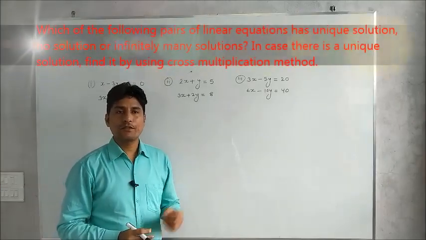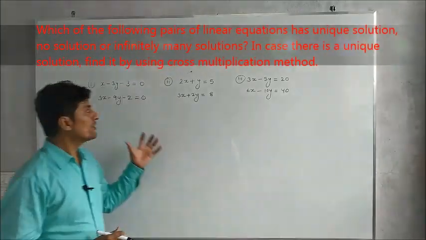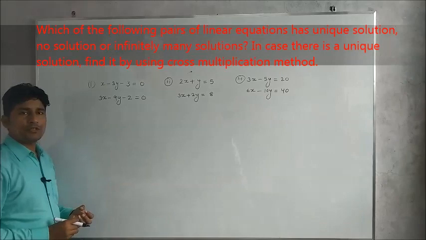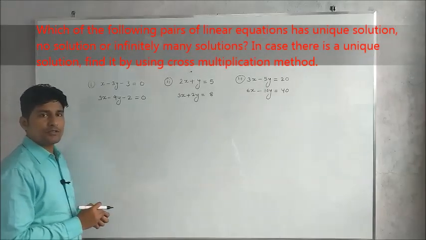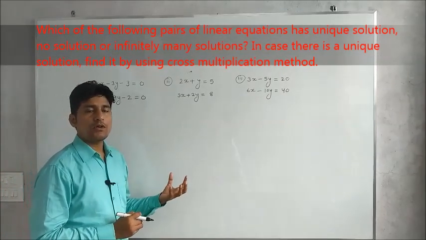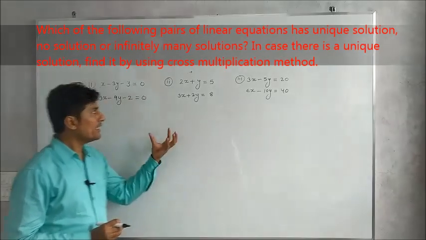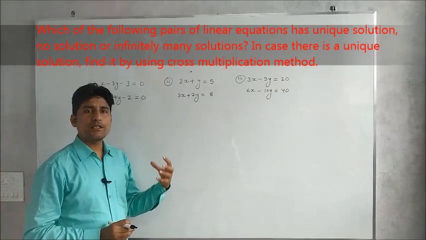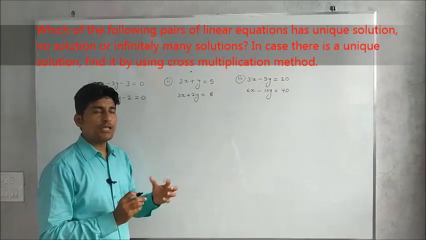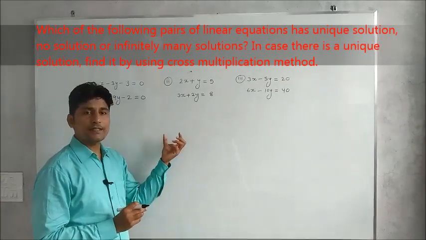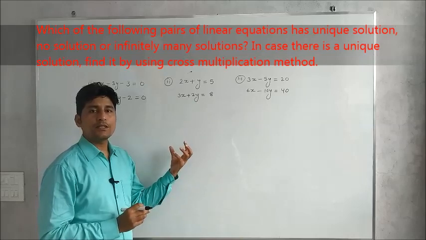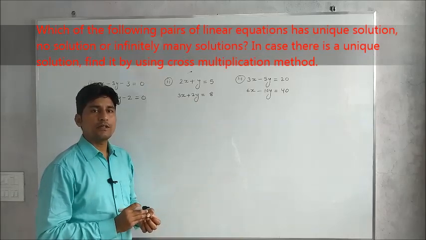Exercise 3.5, the very first question. Which of the following pair of linear equations has a unique solution, no solution, or infinitely many solutions? After that, if any one of them has a unique solution, then we have to find the values of x and y by using the cross multiplication method.